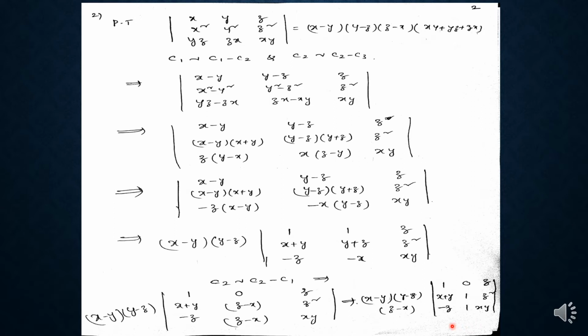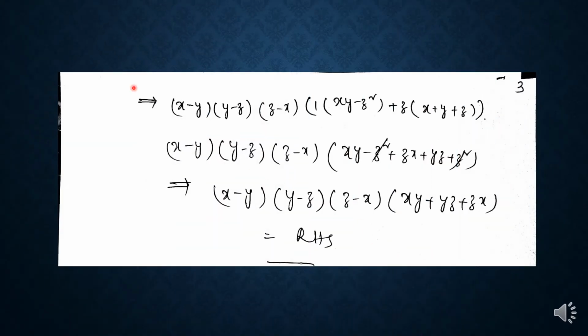So by expanding the determinant by the first row, that becomes (x − y)(y − z)(z − x) into 1 into (xy − z²), minus 0 into something, which is 0, plus z into (x + y − z). That becomes (x − y)(y − z)(z − x) into [1 into (xy − z²) + z(x + y − z)].